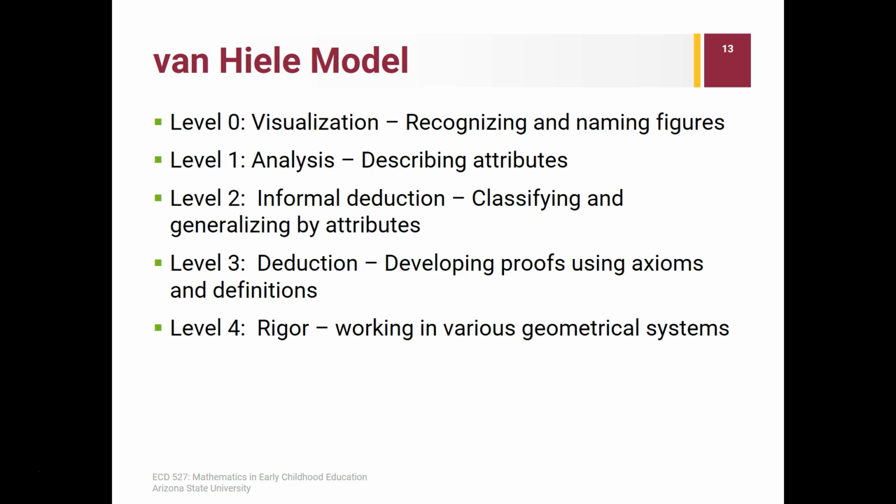And Level 4, Rigor, working in various geometrical systems, is the level in which people are able to use formal deduction and learn non-Euclidean geometry. Teachers of young children are primarily concerned with teaching levels 0 through 2, which set the foundation for future geometric learning. Unlike Piaget's levels of development, which are based on age, this progression is based on the child's experience and education.